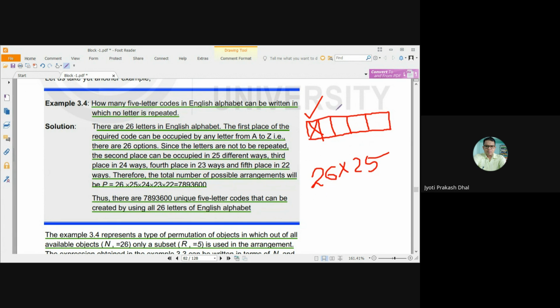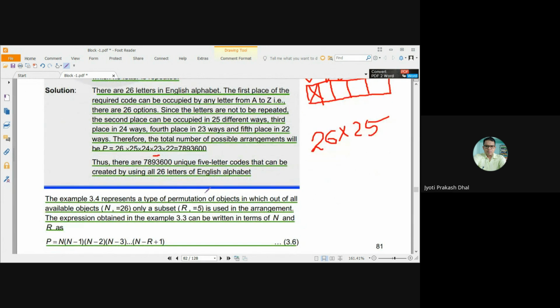Similarly, for the third the number of possibilities will be 24, for the fourth 23, and for the fifth 22. And the total number of possible arrangements will be 78,93,600.